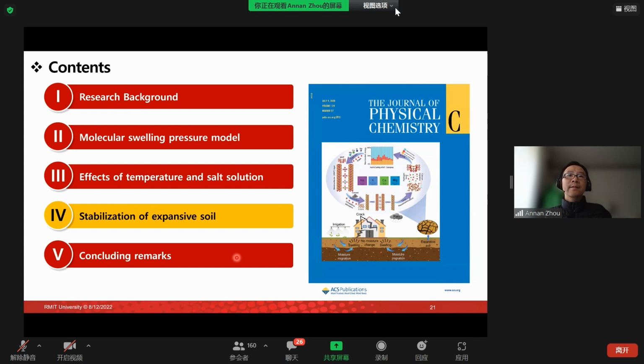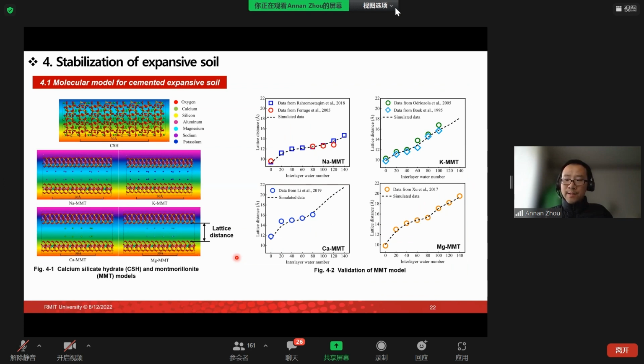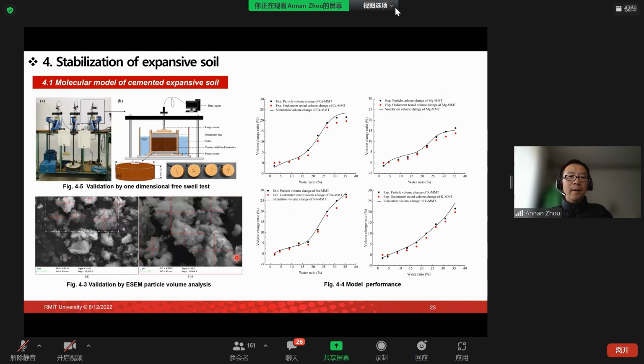To evaluate the efficiency of these on stabilizing the expansive soil and understand the stabilization mechanism, 4 types of cement stabilized montmorillonite molecular models with different interlayer cations and surface charges are studied here. I'm conscious about time, so I will skip the model part and the validation part.